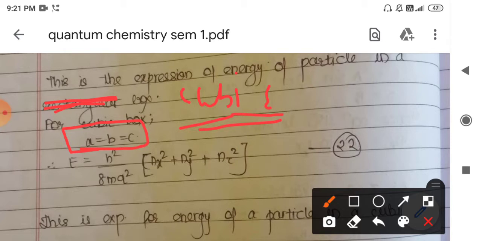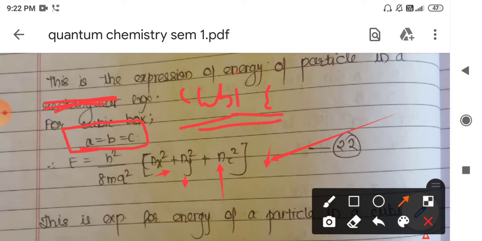So overall I can take a as a constant in our energy equation, and my overall energy equation, that is h square upon 8 m a square into nx square plus ny square plus nz square, turns out to be this.